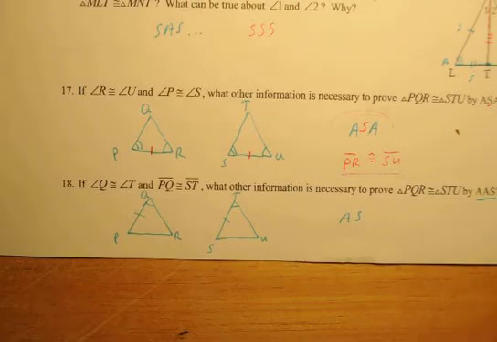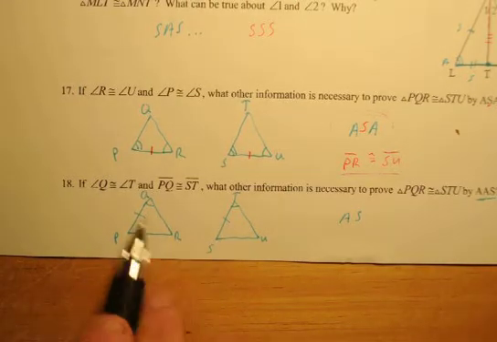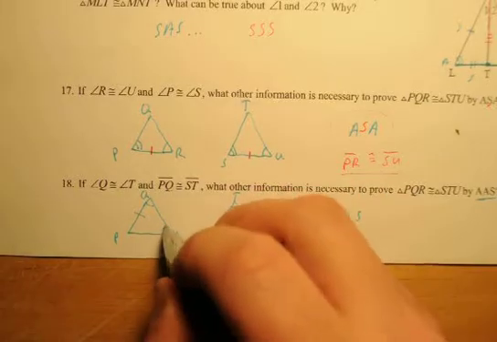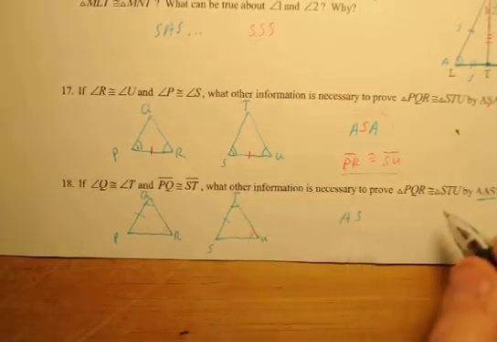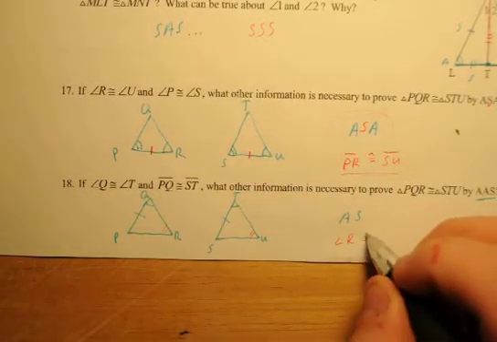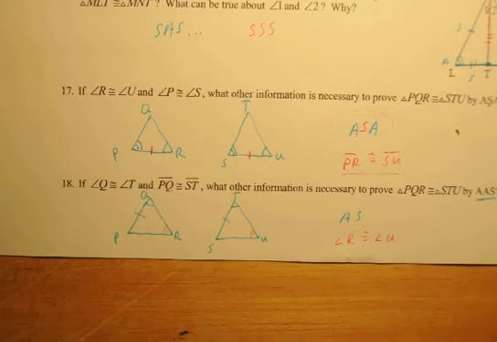So we've got angle, angle, side. So we do not want this angle because that would make angle, side, angle. We want this angle, R and U. Angle R congruent to angle U, and that completes our angle, angle, side.